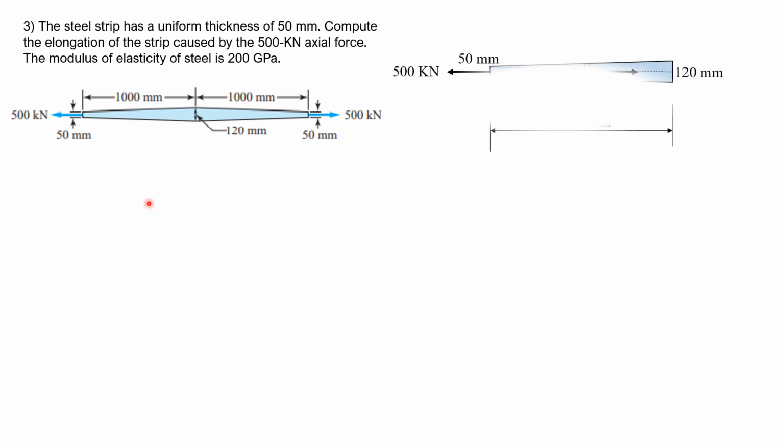We will consider a section at X from this left end, so that the cross-sectional area left and right would be the same. At the left, because the differential distance dx is very, very small, we can say that the area is now uniform and the stress would also be uniform. The force is constant at 500 kilonewton.